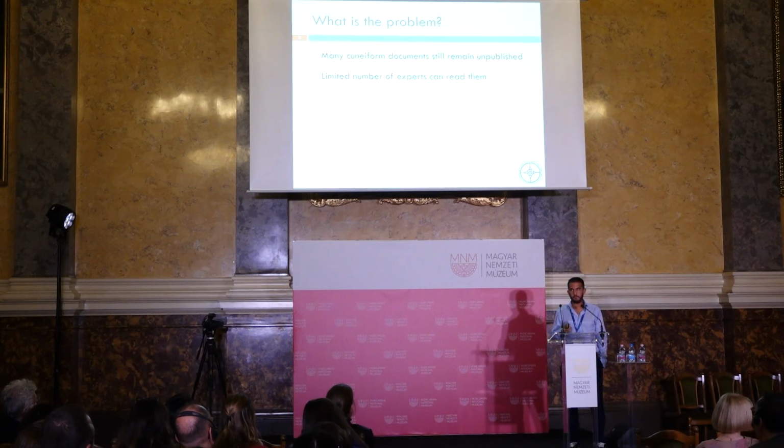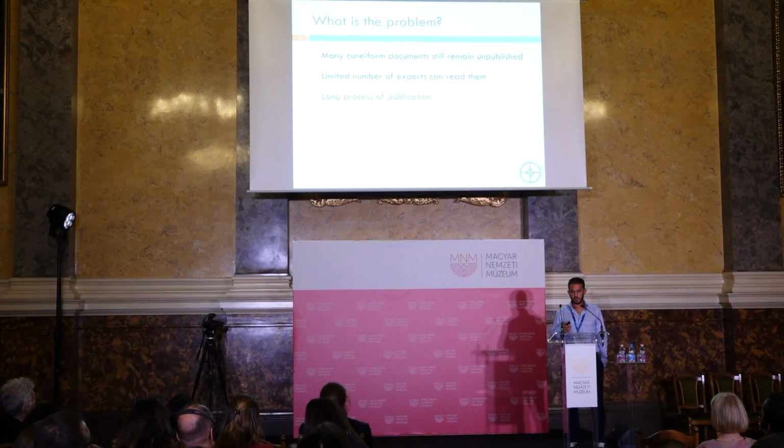It's like only maybe a few hundreds or thousands of people around the world. And the process is very long and slow. It could take weeks or months of work. And many of the tablets are broken, have holes, or are out of context, so it's not easy to work with them.